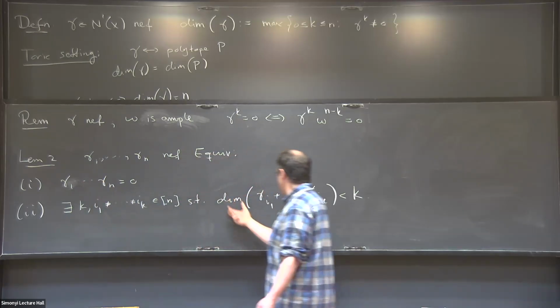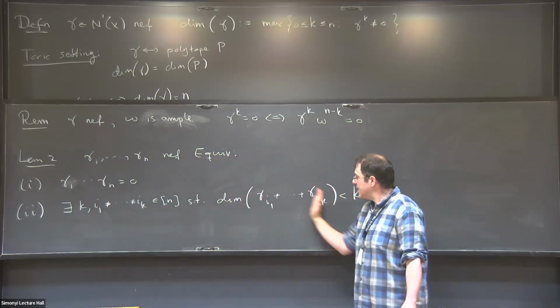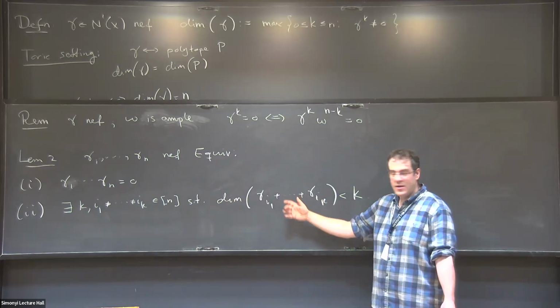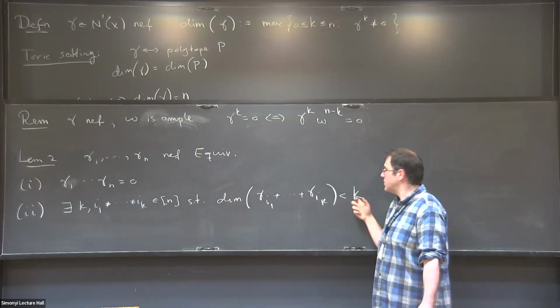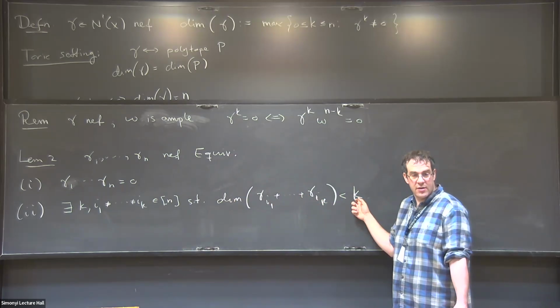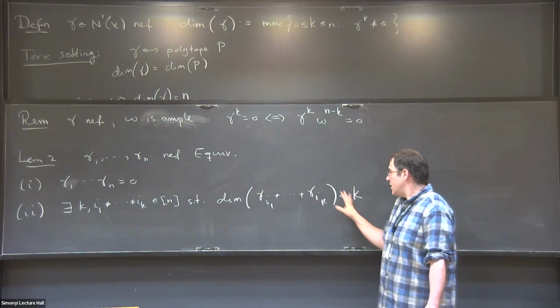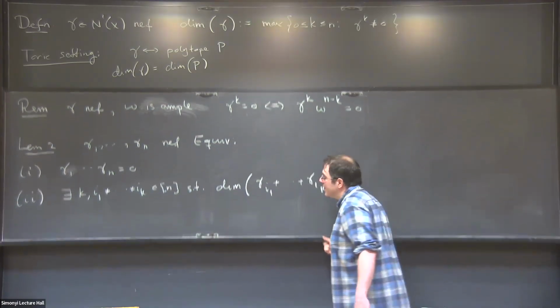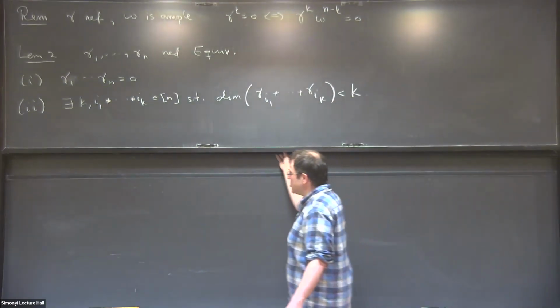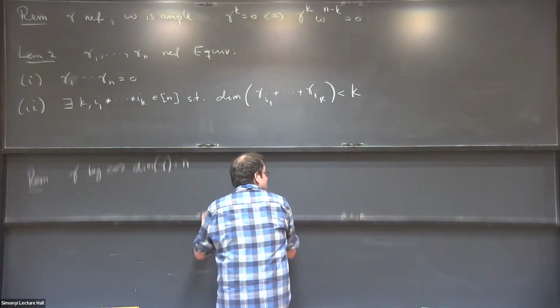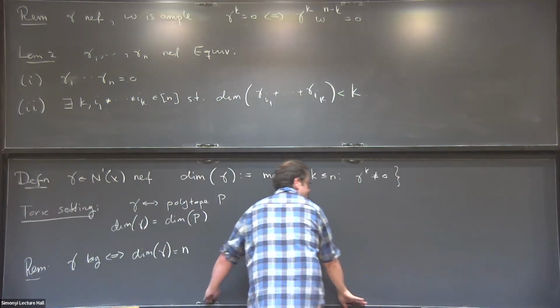But there can be other reasons why that is 0. You don't have to have the sum of all of them to be not big. It's enough to have k of them that sum to something of dimension less than k. All of these cause it to be 0, and these are the only reasons why you're 0. And, you know, let's answer Jun's previous question. Let's translate this into the toric setting.